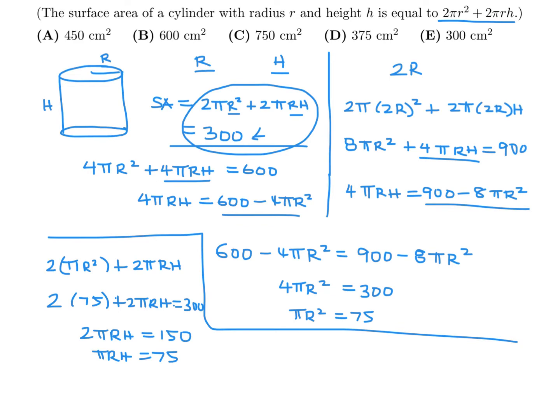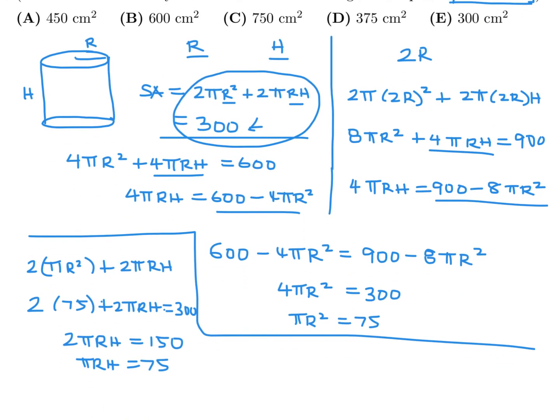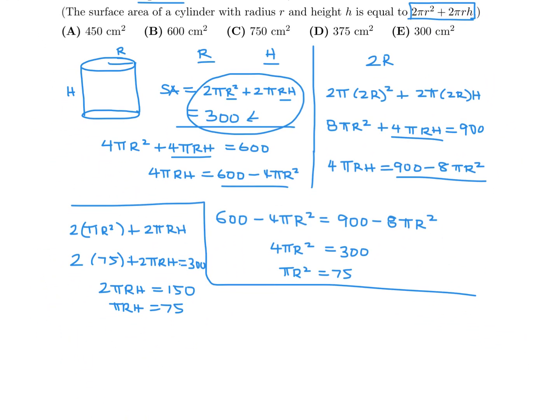Okay, and I guess now we're in the final step, which is what they're asking, what happens if the height was doubled? So I guess we take this and just put 2h instead of h. Okay, so let's do that. So we've got 2 pi r squared plus 2 pi r, now 2h. Okay, so this is what we have to figure out. 2 pi r squared plus 4 pi r h.